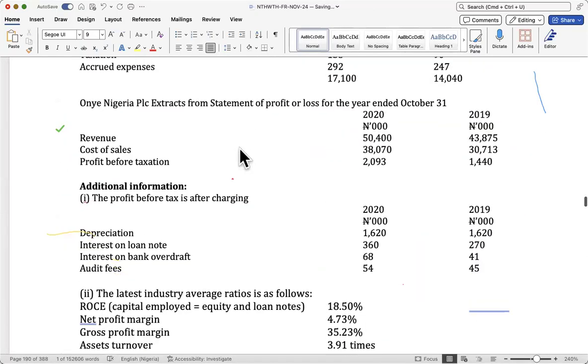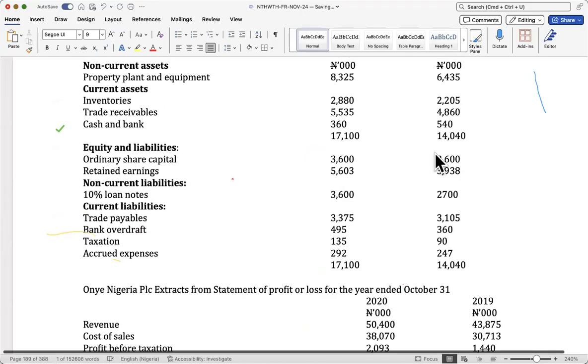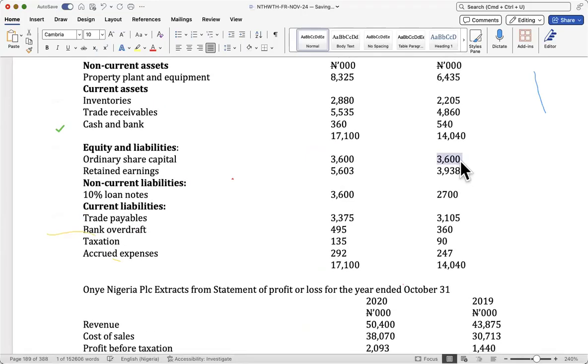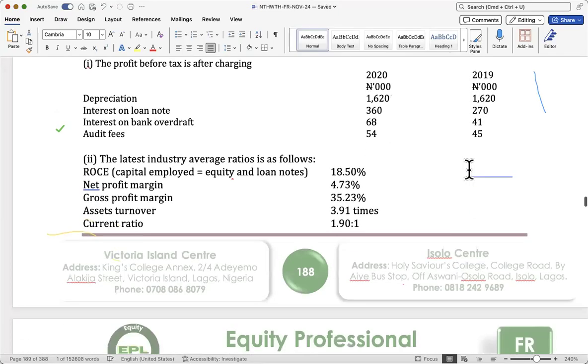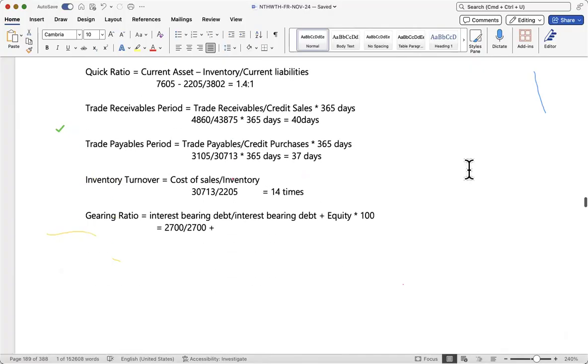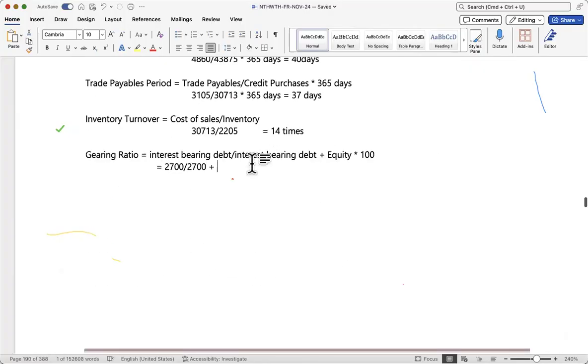Equity is your share capital plus your reserves, which is 36 plus 3938. So how much is that? 7538. So what do you have in total? 7,539.